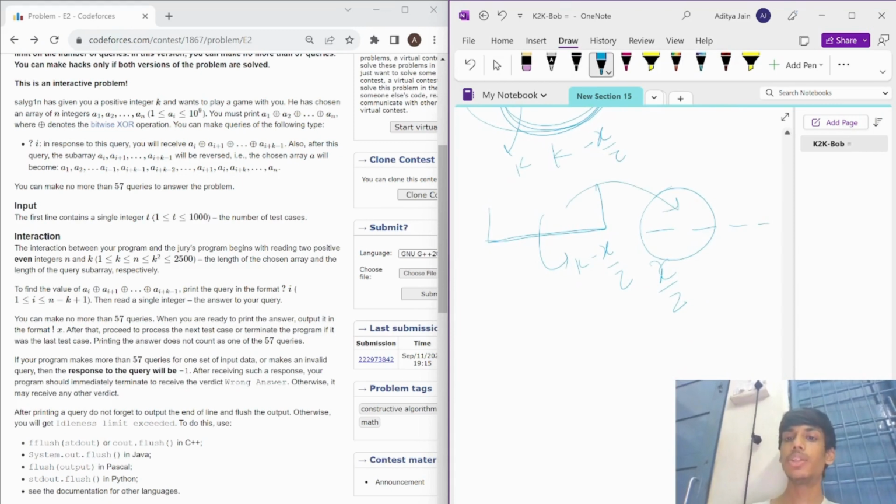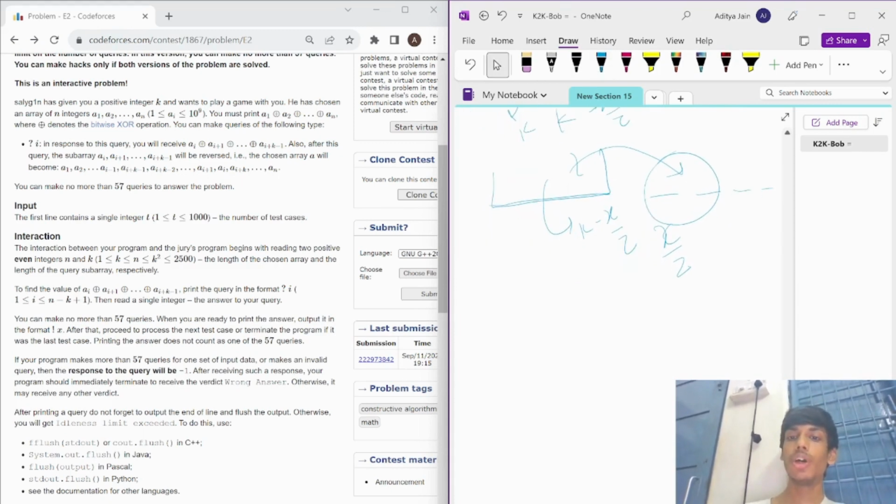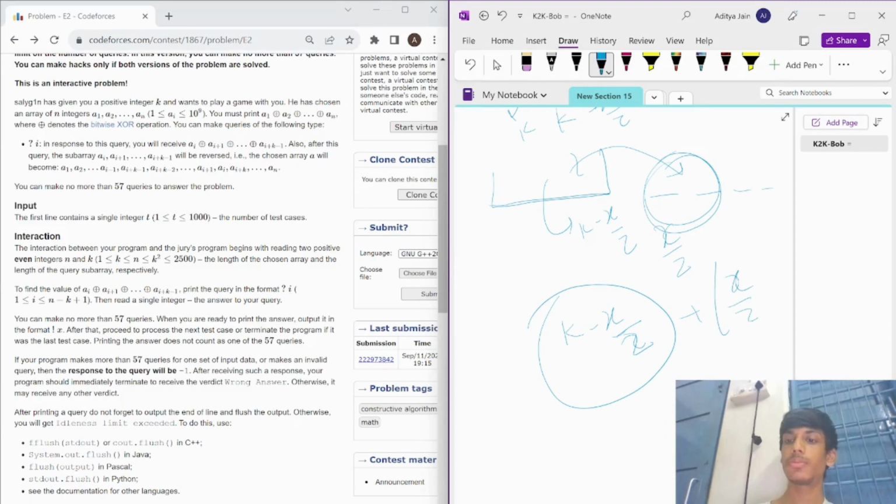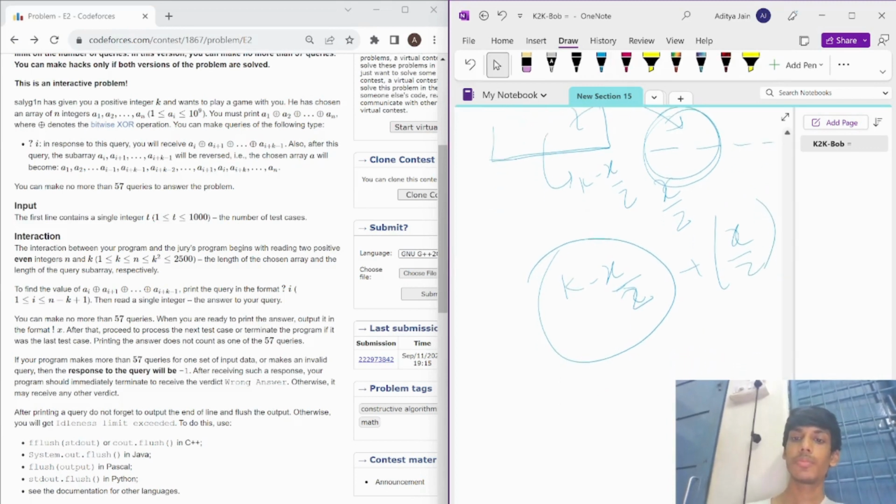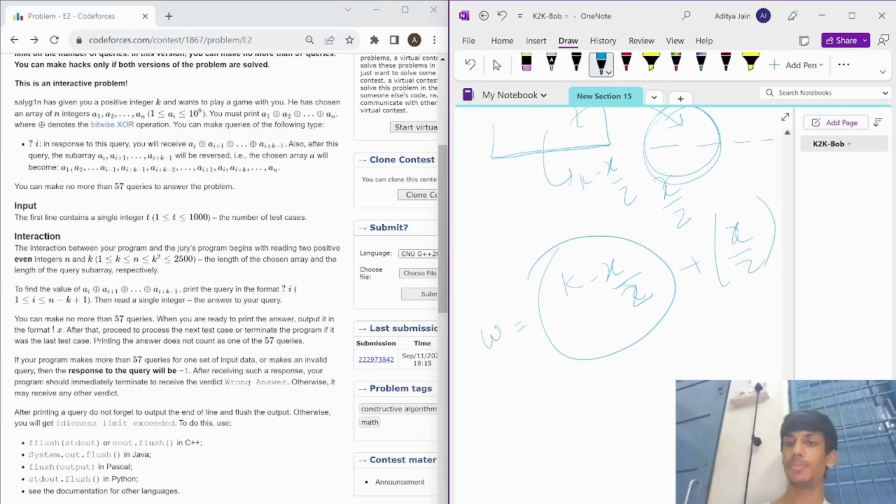Now you will calculate the XOR of these two. So the XOR will be equal to XOR of k minus x by 2 elements plus XOR of these x by 2 terms. This is equal to, say, w.